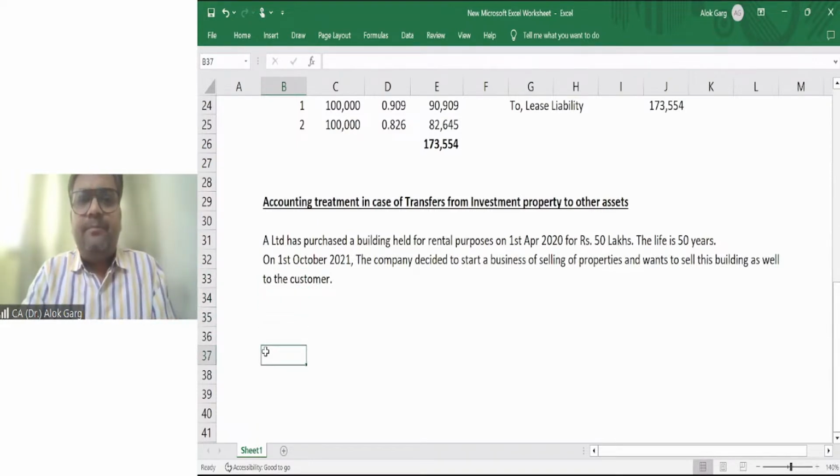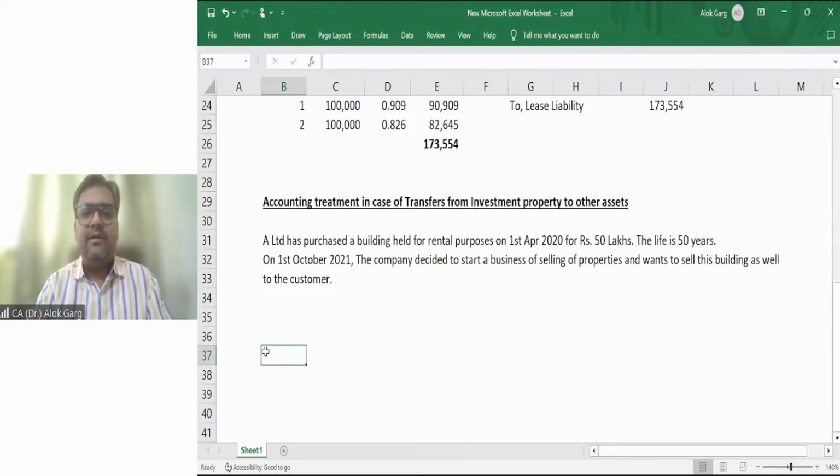So friends, this company has purchased the building for rental purposes on 1st April 2020. So when this company purchased the building on 1st April 2020, it was an investment property, right? And the life is 50 years. But on 1st October 2021, that is after 1.5 years, the business model of this entity changed, and now this entity wants to start the business of trading of flats, of trading of properties.